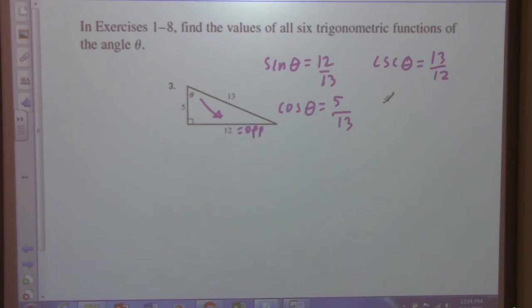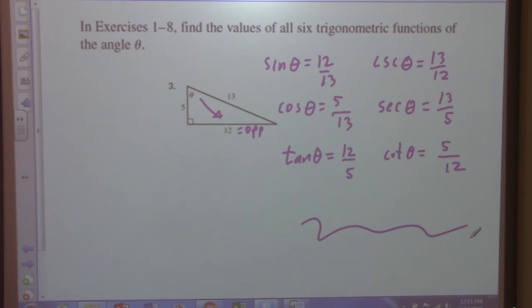And then your secant, you say, is going to be 13 over 5. And then tangent theta is 12 over 5, and cotangent theta is 5 over 12. Okay, does that look right?